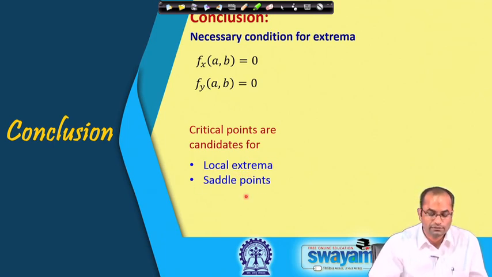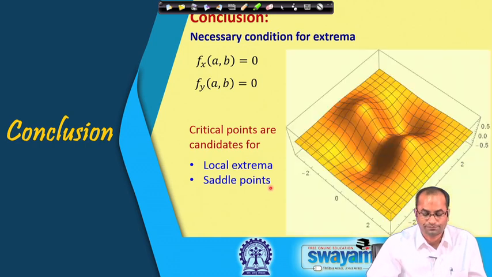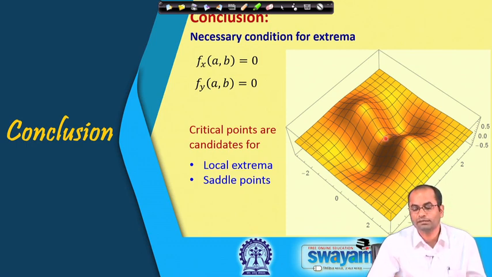So, these are the points called saddle points. We have already seen that this is, for example, a point of local extrema, here we have a local maximum, here also a local maximum. These are the points with local minimum, and there is a point at this place where we do not have a local maximum or minimum, and this will be called a saddle point.